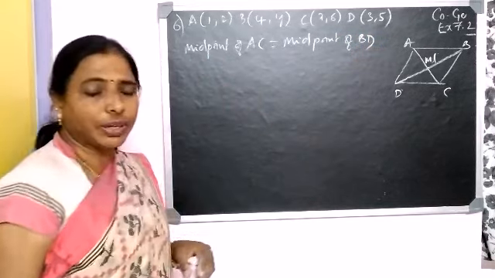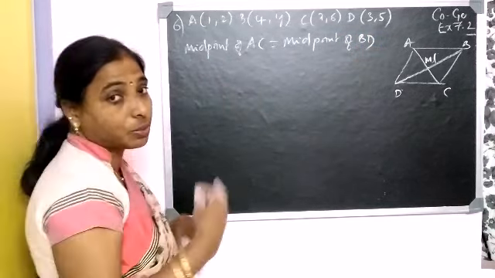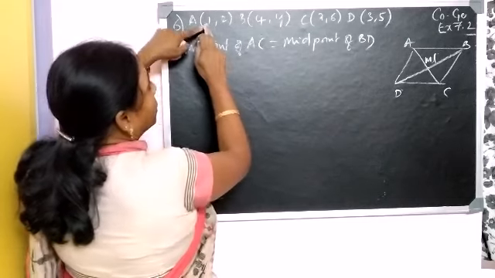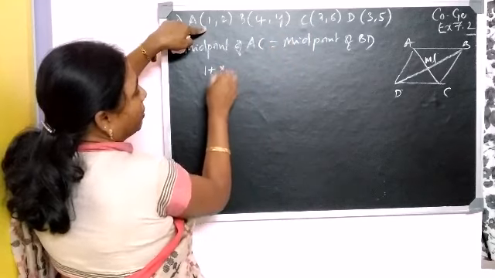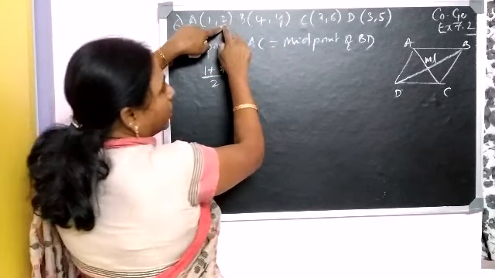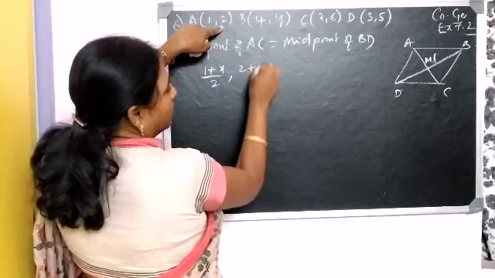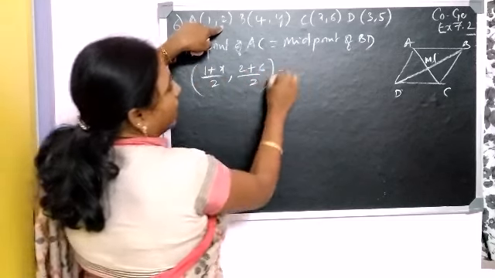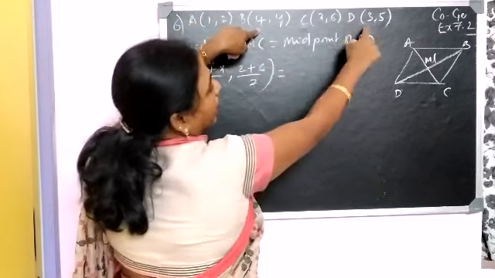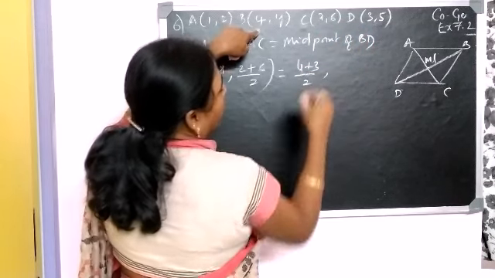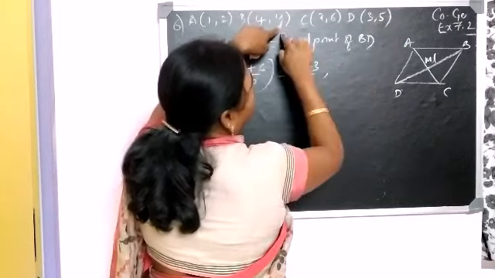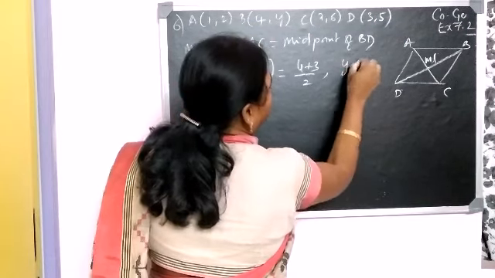Similarly, when we had to find the midpoint, as I told you, it is (x1 plus x2) by 2. So for AC, (1 plus x) by 2, comma, (2 plus 6) by 2, is equal to BD: (4 plus 3) by 2, comma, (y plus 5) by 2.